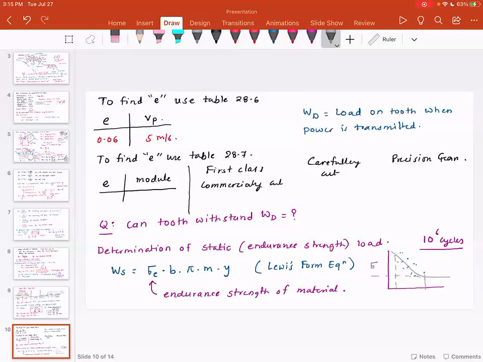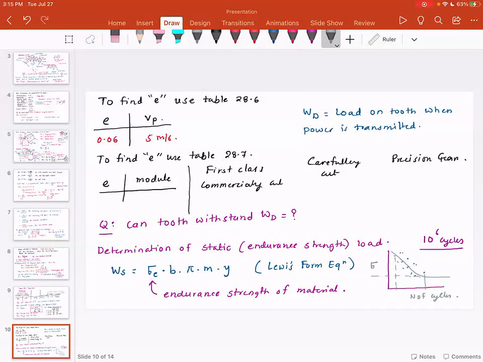So this is sigma, this is number of cycles. So endurance strength is the fatigue strength of the material, the ability to withstand repetitive load.